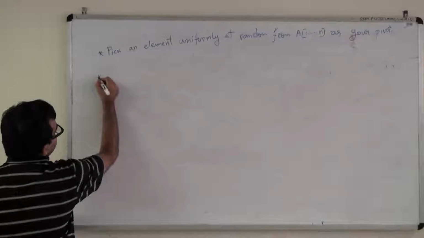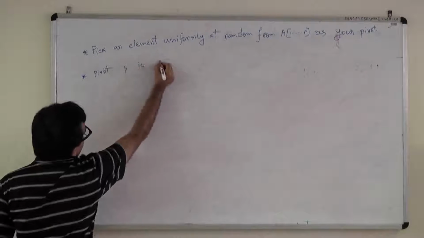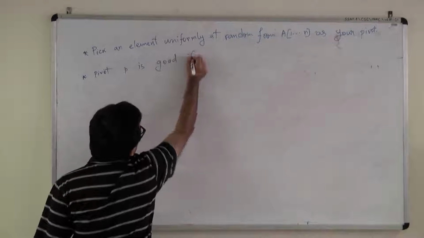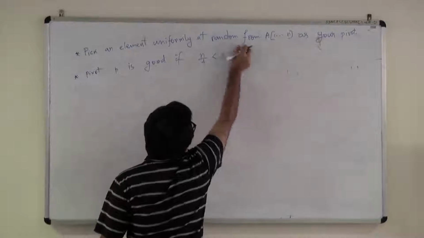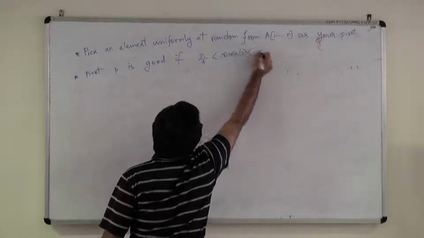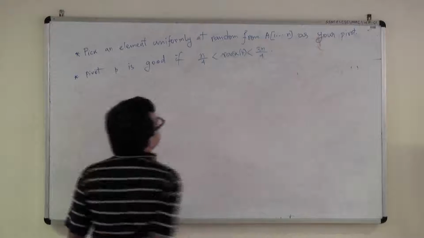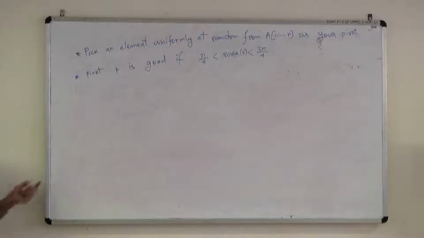Now note that we said that a pivot P is good if its rank was, say, between n over 4 and 3n over 4. So what is the probability that a randomly chosen pivot will be good? 1 by 2, right? Why? There are n elements.